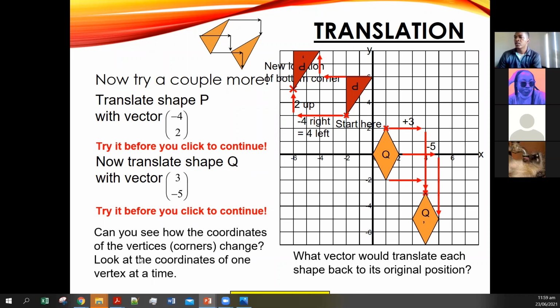So it says here, can you see how the coordinates of the vertices corners change? Okay, look at the coordinates of one vertex at a time, and then the coordinates is basically what we are changing here. So let me just write in one example for the coordinates. For example, for Q over here, the coordinate at that point will be for X is 1, and then Y is -2.